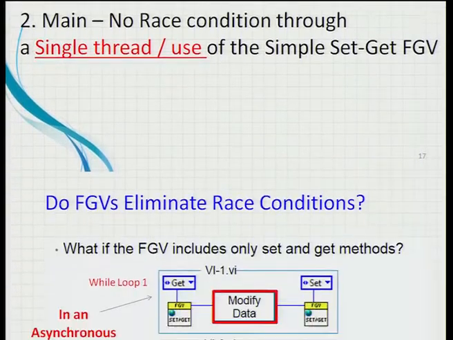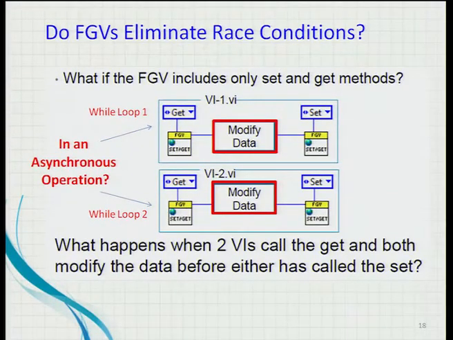So no problem. But what happens if you need to have multiple instances of this FGV? What will you do? What is going to happen? Do you know that by default, sub-VIs are set to non-reentrant? I think some of you may know. So if you have two VIs running and you're calling the same instance of this FGV, there'll be a blocking effect.